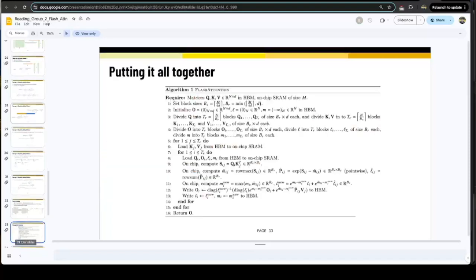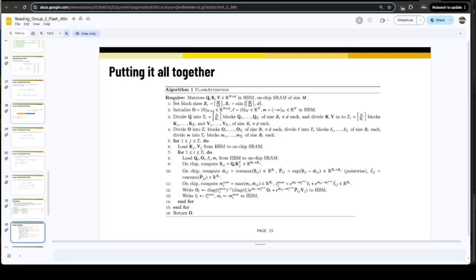Next slide, please. So this is putting it all together. This is the actual algorithm from the paper. And the key things that I want to go over here is, we now know why we are motivated into chunking these into blocks. So we can fit these blocks into memory or SRAM, and then we can do these tensor core computations, right?